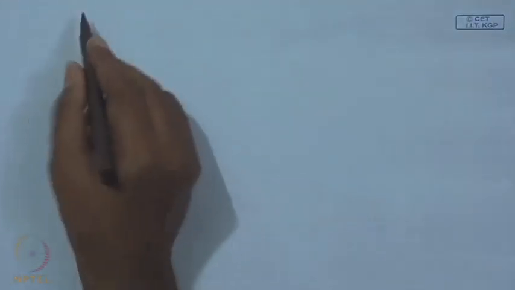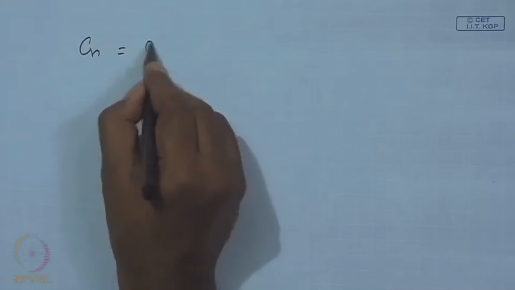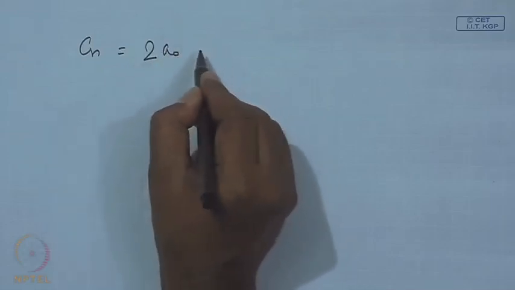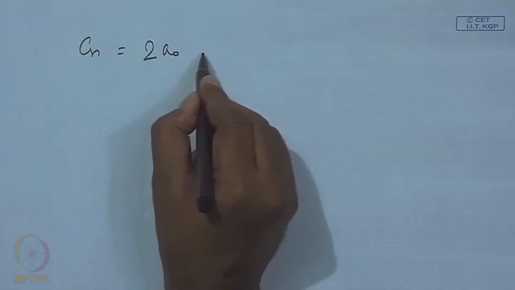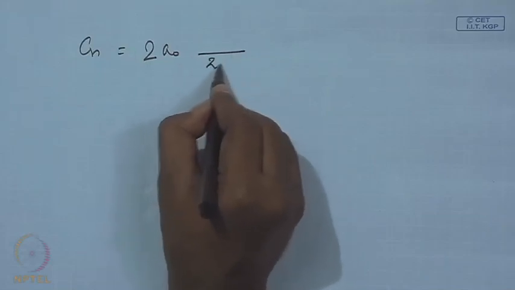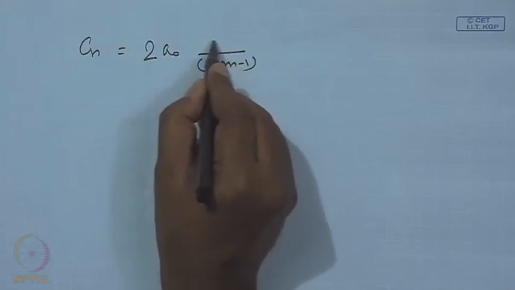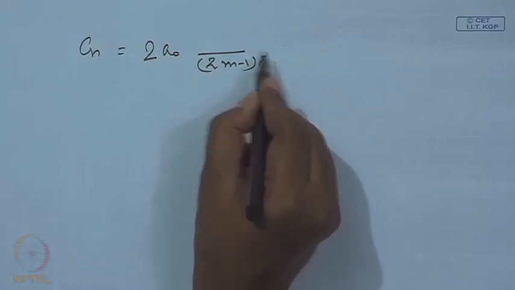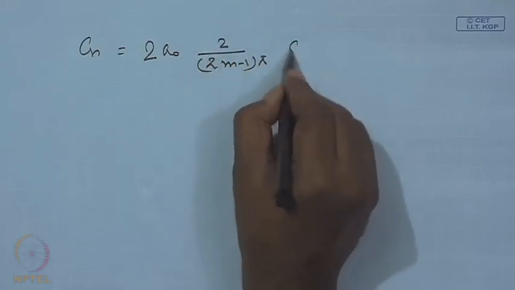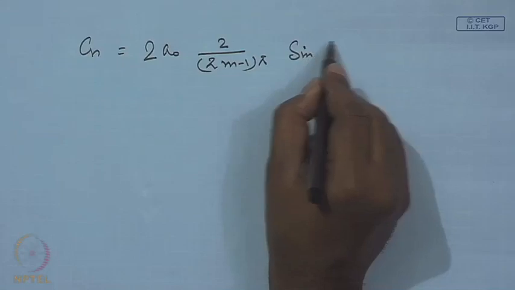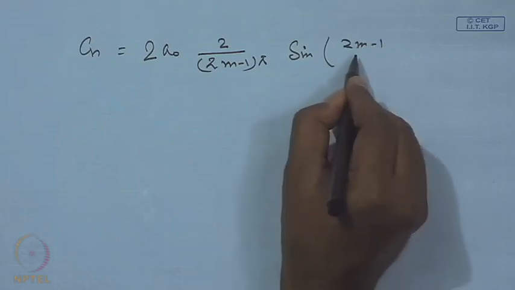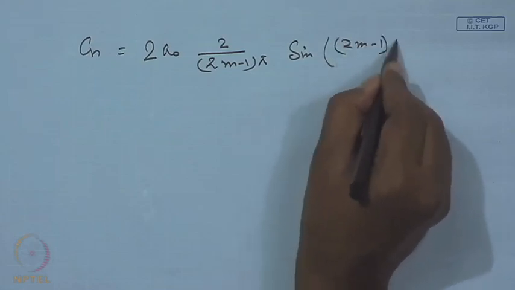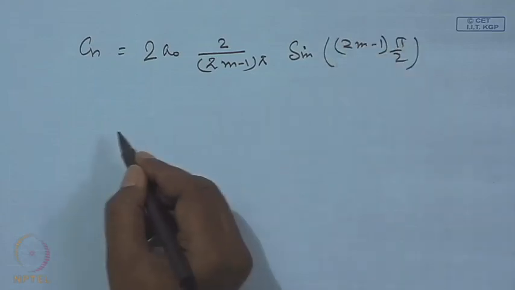So, what you get is that C n becomes 2 a naught, and we put the value of alpha m as 2 n minus 1 pi by 2. So, pi is there, 2 is there, and this will be sin of 2 n minus 1 pi by 2.